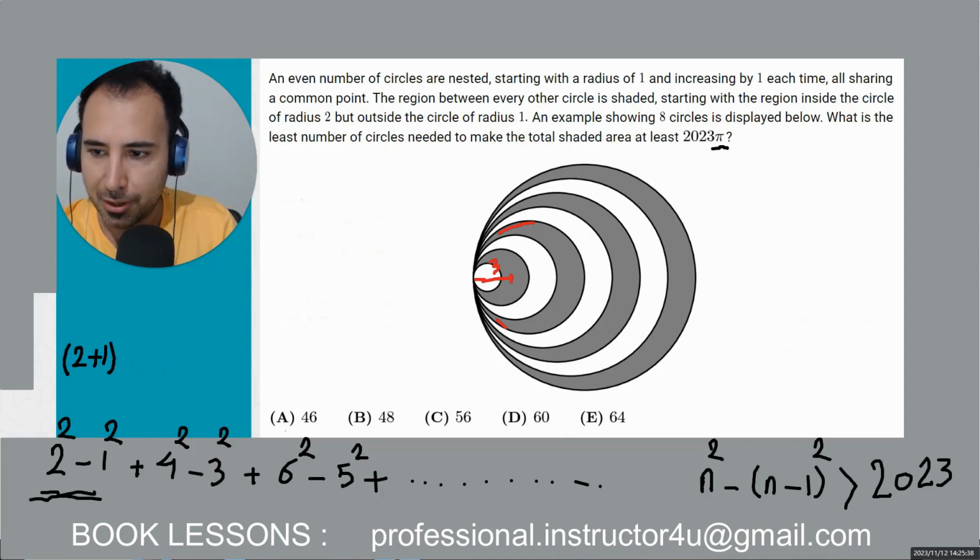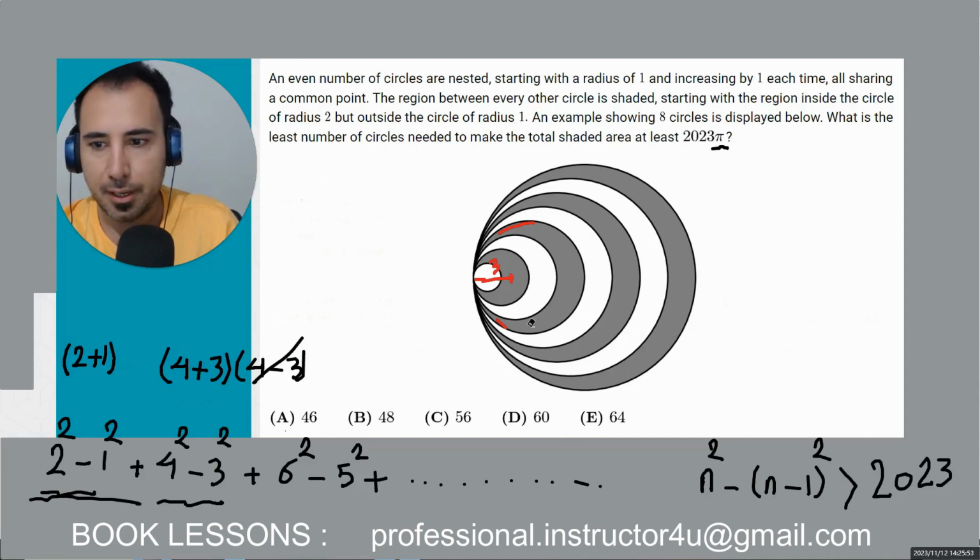So these two are equal to 1 plus 2. Now these two are again equal to 4 plus 3 times 4 minus 3. So 4 minus 3 is 1. Why bother writing it? So you could see something beautiful, right? The first two are 1 plus 2. These are equal to 3 plus 4. So let me just write them like this.